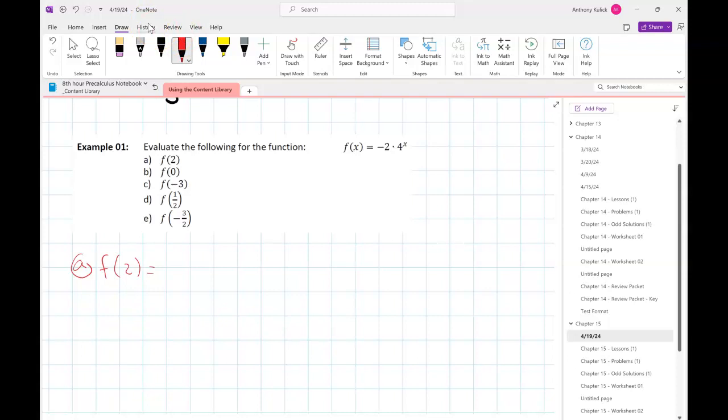Great, so we're plugging 2 in for the x into that equation. So what's the first thing I should do in this -2 times 4 squared? The exponent, good, and 4 squared is 16. And then -2 times 16 is -32.